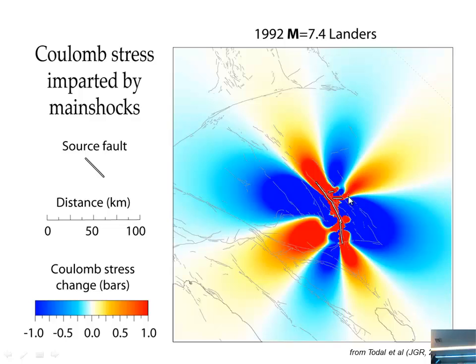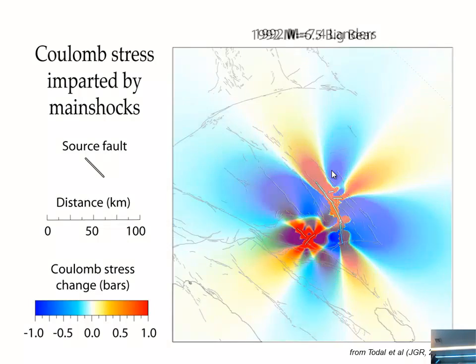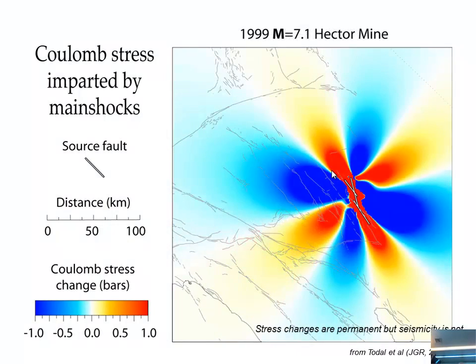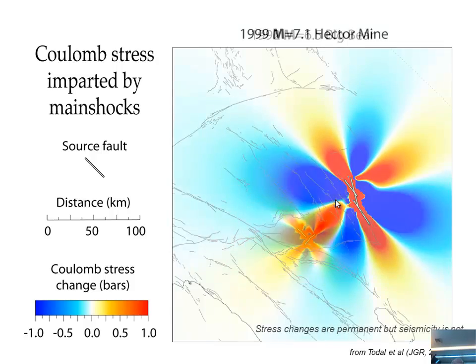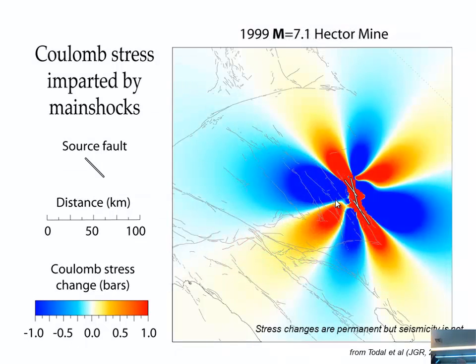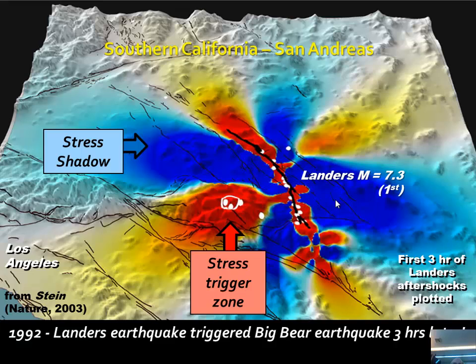Because most of the Hector Mine fault was actually clamped, so it was moved further away from failure. But at least a little bit of it was in the red, and that may have been the initiation, where the hypocenter was in the area of increased stress. So sometimes it works, sometimes it doesn't quite so well.